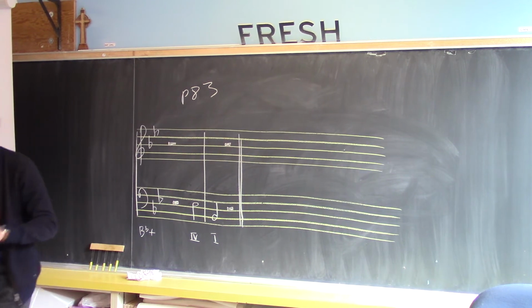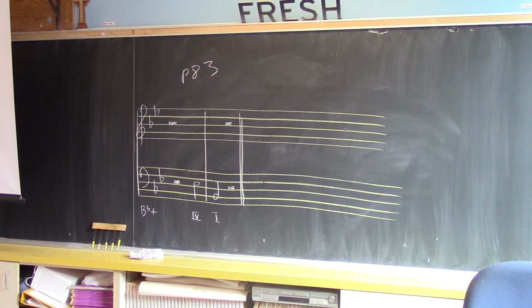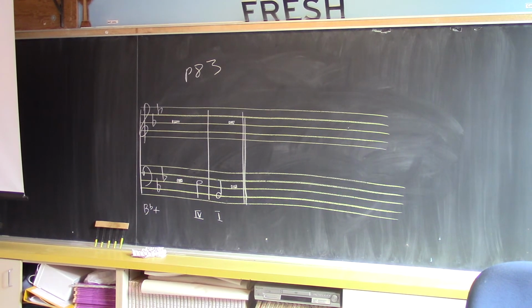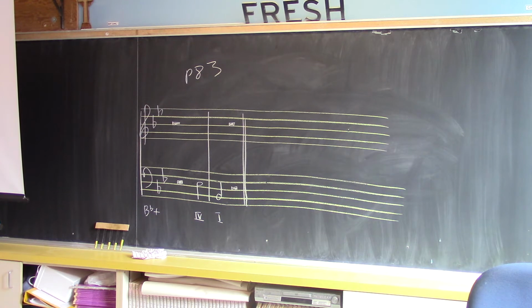Okay? That's simple. Now, for each one of those, you need another one of these notes up there somewhere. So you can start to see I could do, and I will, a couple of different versions of this, depending on how you arrange the notes up on top.